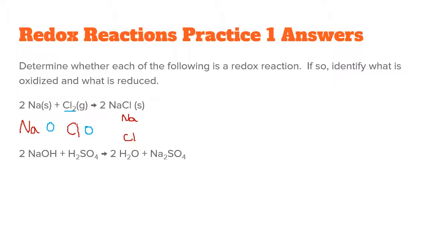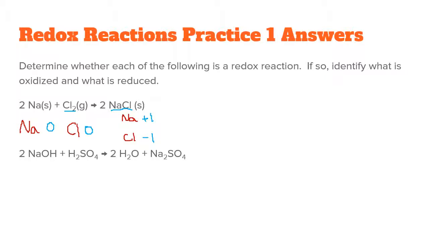But once we get over here to the product side, we have NaCl, that's an ionic compound. So the elements are going to have the oxidation states corresponding to their charges. And in a compound, sodium has a +1 oxidation state, and chlorine has a -1 oxidation state. So to summarize what's happening in this reaction, sodium is going from 0 to +1.